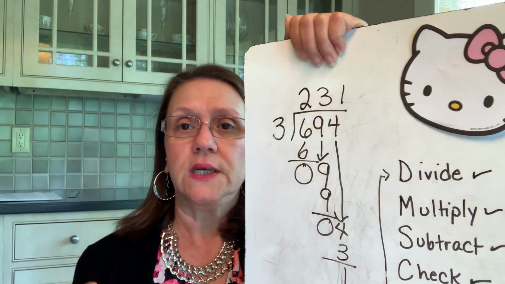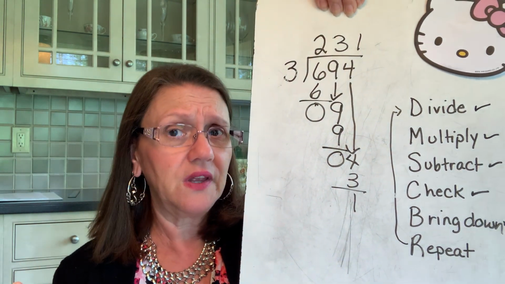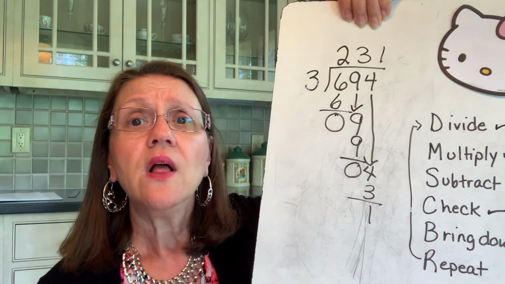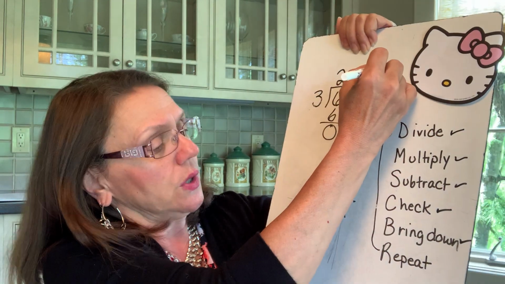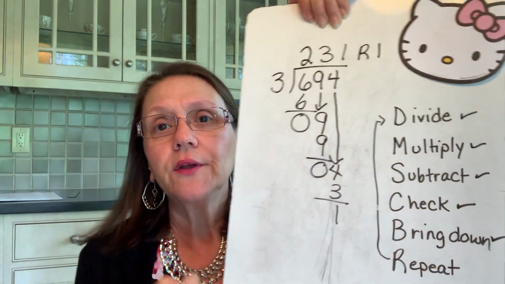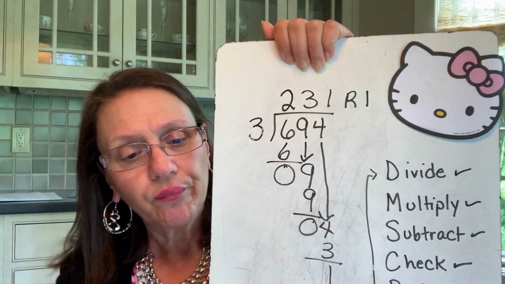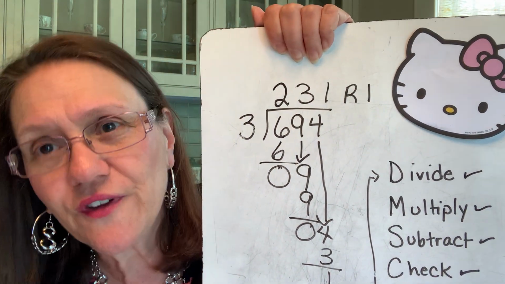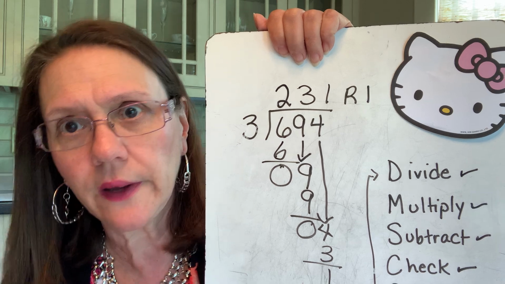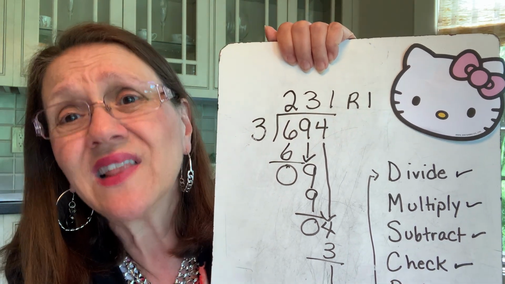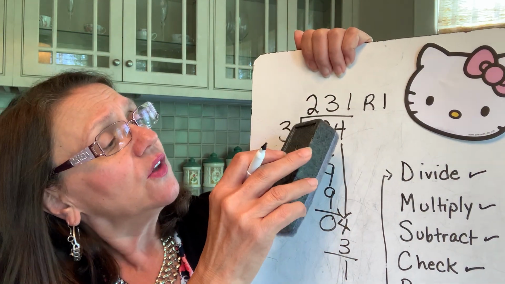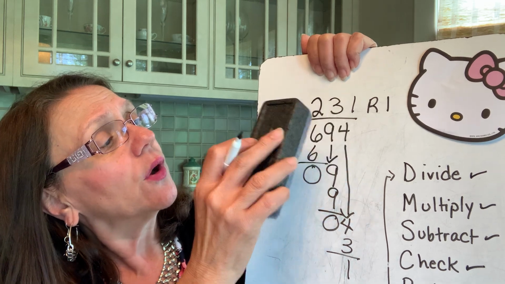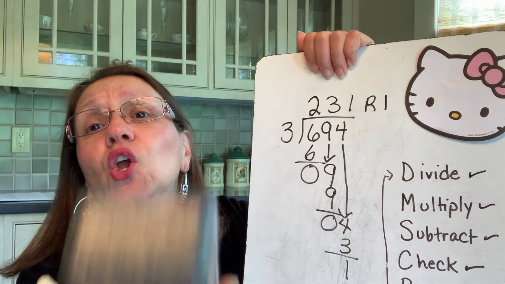Now, historically, boys and girls in 4th grade, I know that you have put your R1 here. Yeah, okay. Well, we're in 5th grade now. No more R's, okay? It means there is 1 left. 3 goes into 694, 231 times, but you have 1 left.